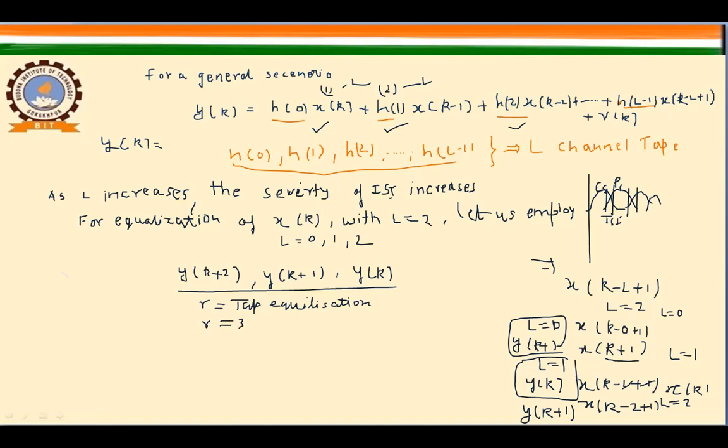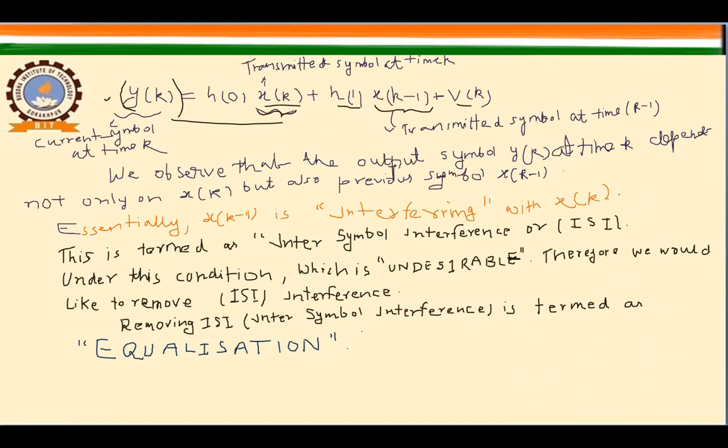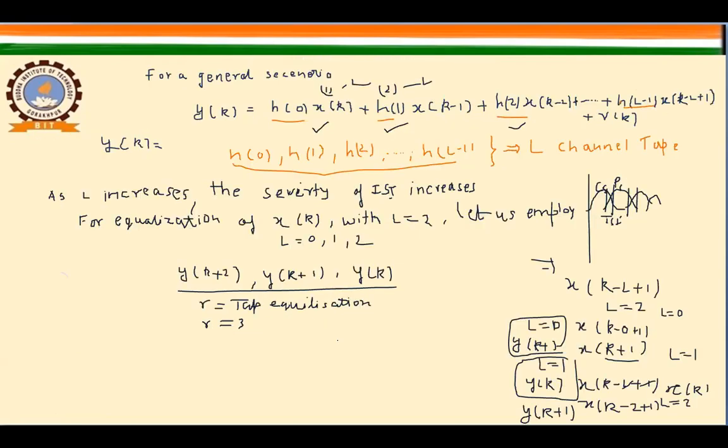This is the tap, you can see. This is the tap equalization which is denoted by R. Value 3 है, so R is 3. Or we are also having L. L is the your channel tap. तो channel tap is 2, जो रिस्पॉन्स है, और ये आउटपुट है, ये टैप इक्वलाइजर है.